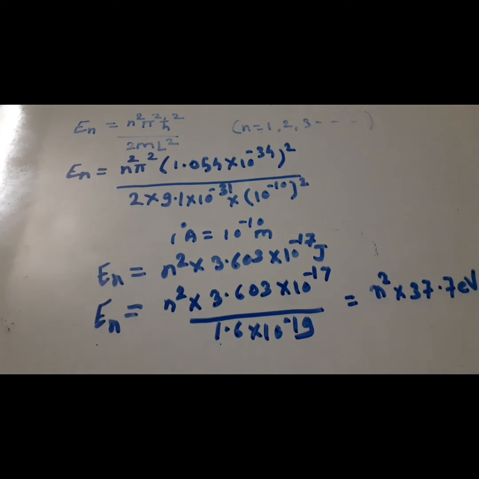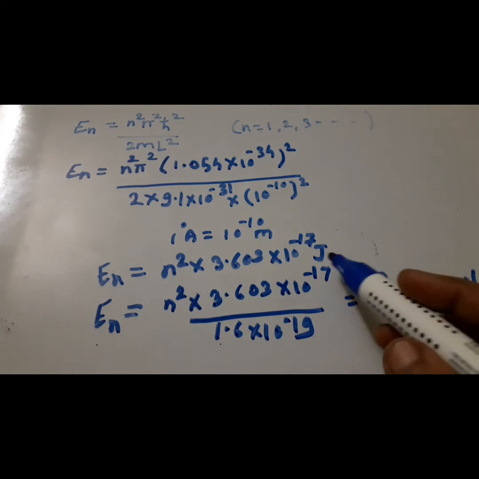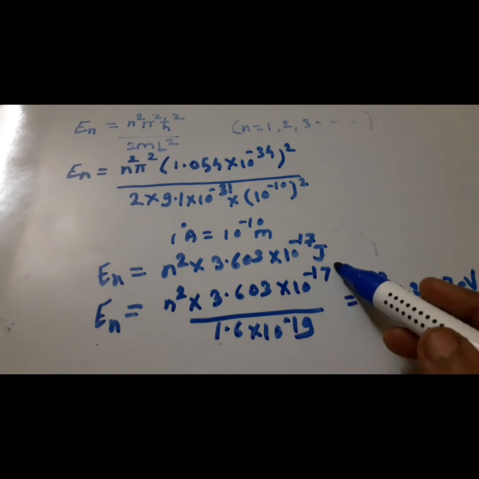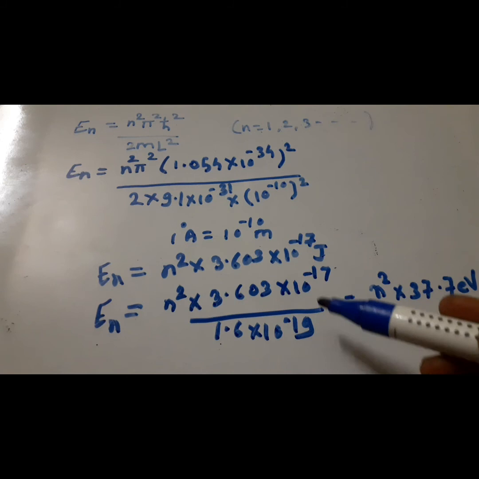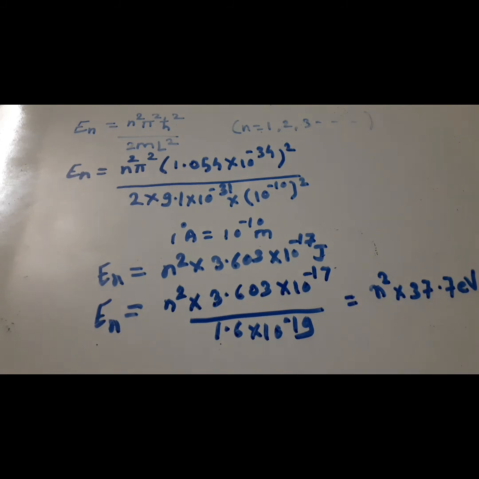When we have to convert joule into electron volt, we divide by 1.6 x 10^-19.